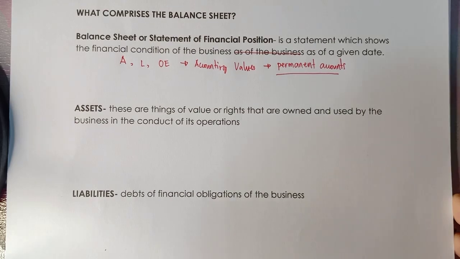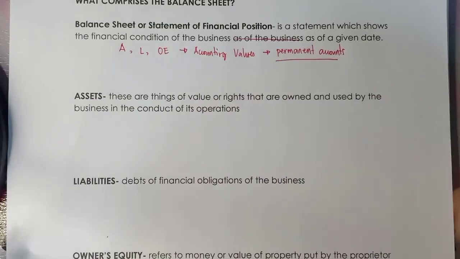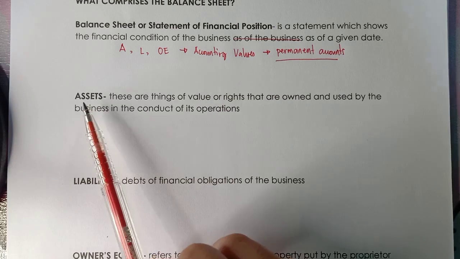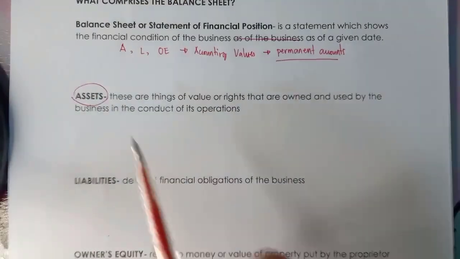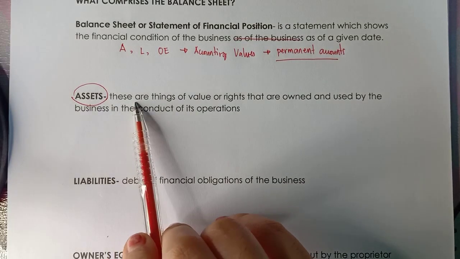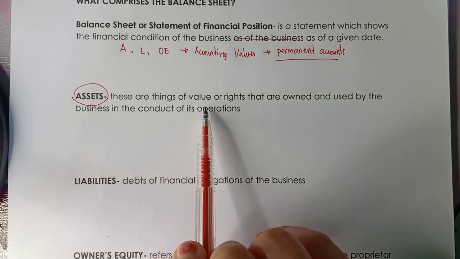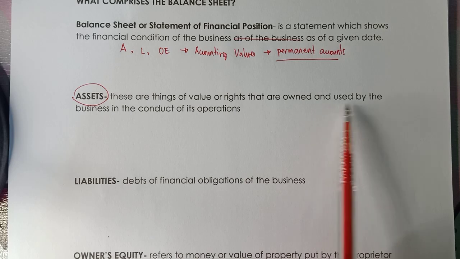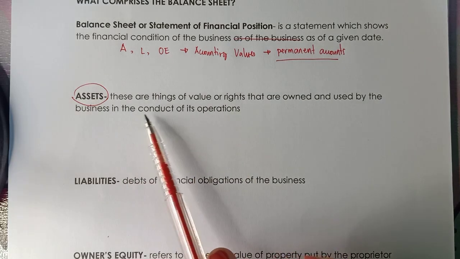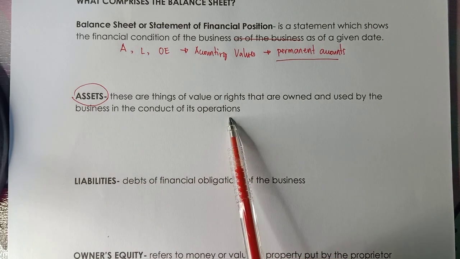So first, let's tackle what an asset is. Assets are things of value or rights that are owned and used by the business in the conduct of its operations.